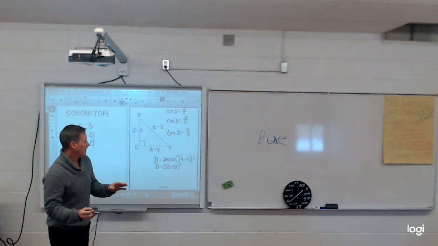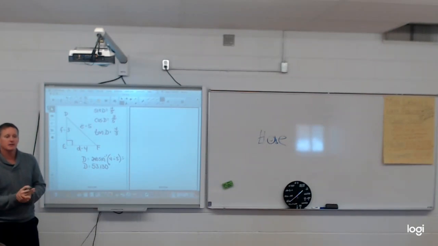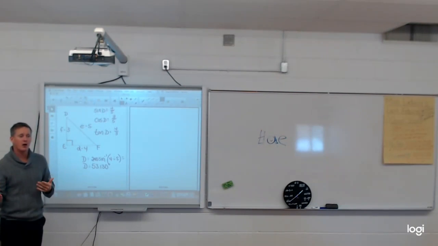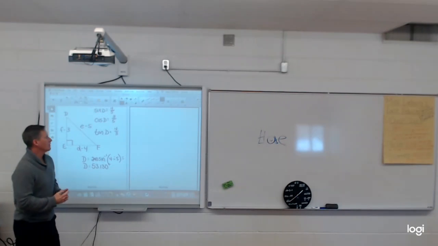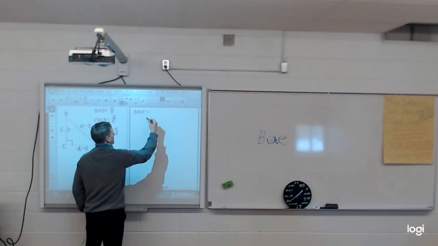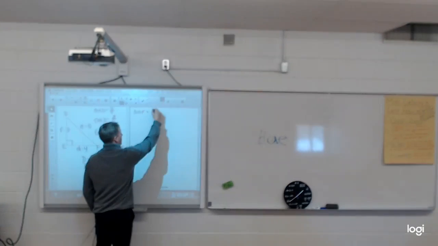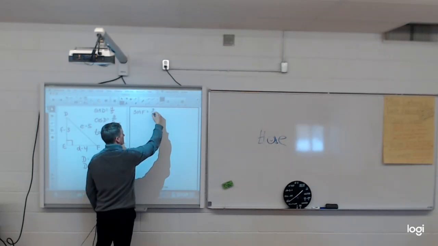Let's try it. Not yet. Let's look at this. Let's use our newfound knowledge to do this. I want the side of f now. What's the side opposite f? 3. What's the hypotenuse? 5.